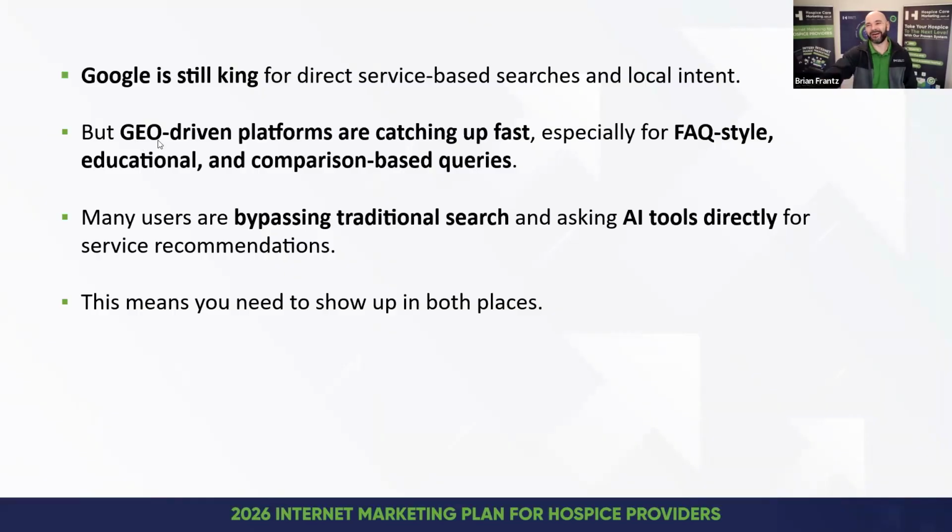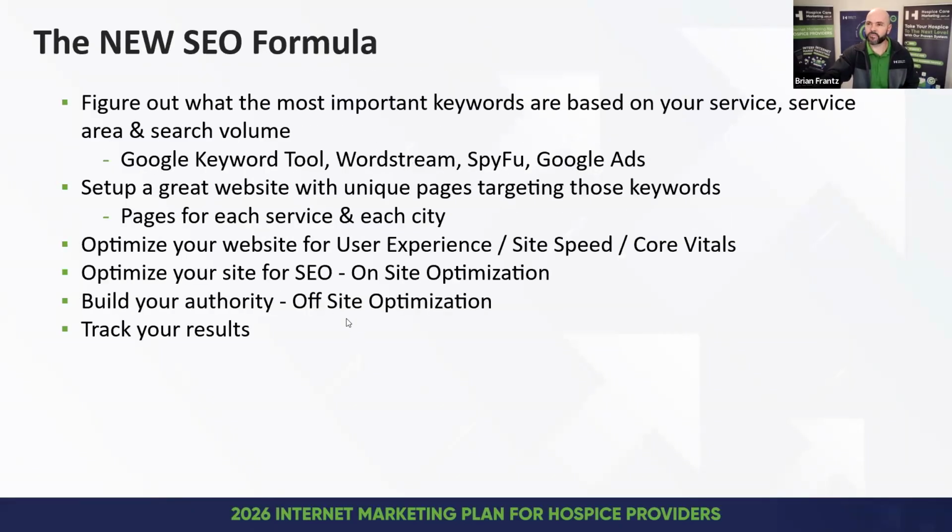We're seeing in some cases that these AI platforms are bringing in some additional traffic to our clients, especially in large markets with a lot of people. And so you definitely want to show up in both places. So the first step is to know where you rank.